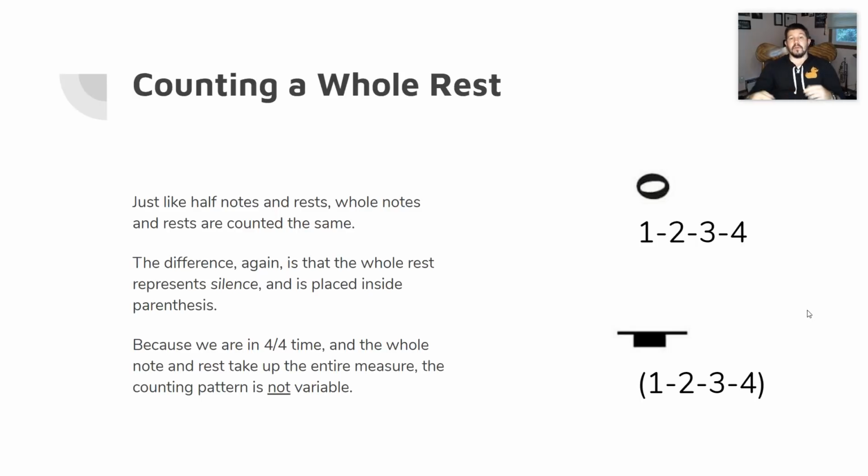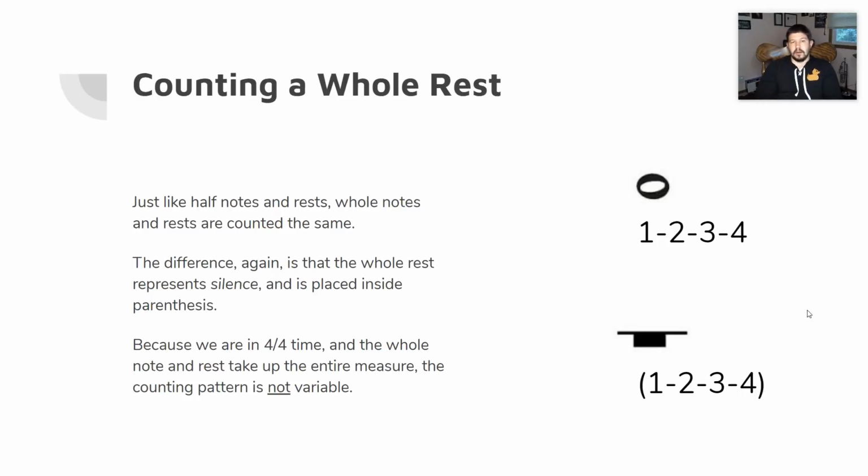All right, everybody. So I know that counting gets a little bit tricky and a little bit iffy every once in a while. We are going to get a little bit of an opportunity to practice. I am going to have another screencast of those different rhythms that I would like you to try to count. So you're going to grab a piece of paper, you're going to grab a writing utensil, pencil, pen, whatever you want to use, and you are going to be writing down those notes to write out the counting patterns, just like we did a couple of weeks ago when we first learned how to count our half notes, quarter notes, and quarter rests.